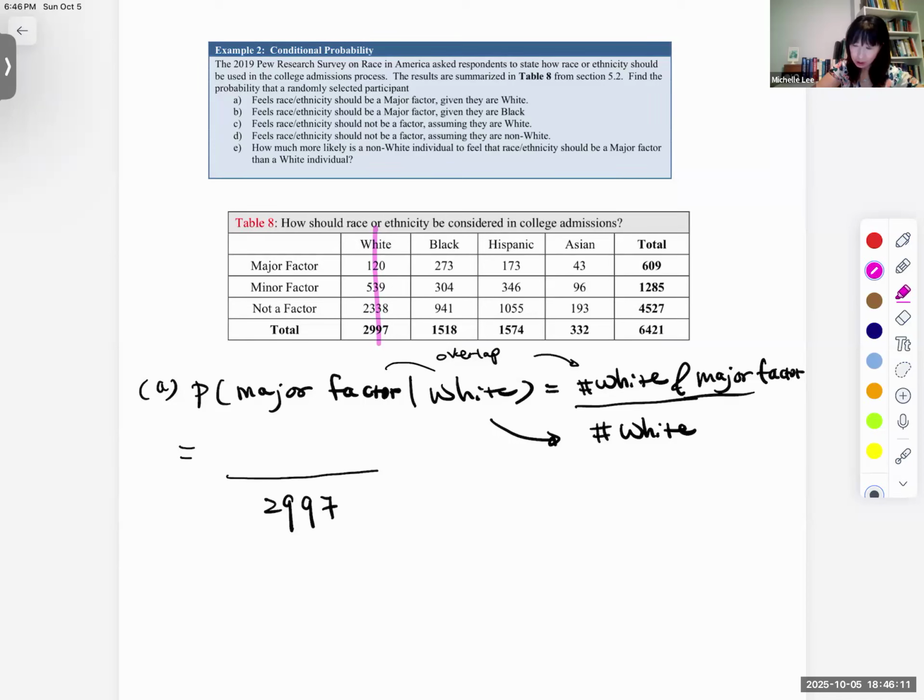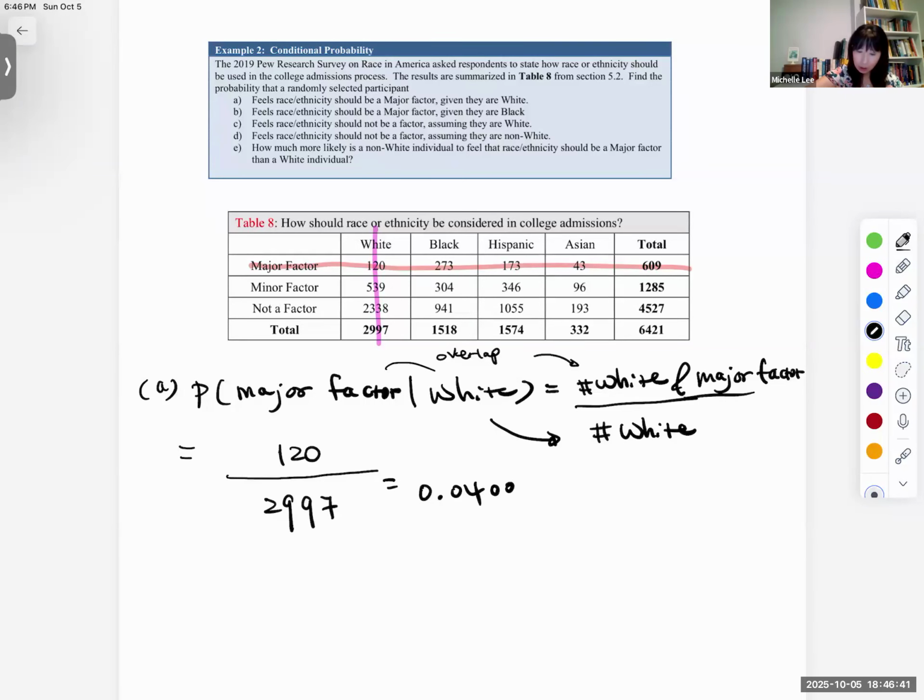So major factor is there. So this column and this row, 120, right? So 120. There is overlap. Now, can you please calculate? 2997, correct, right? So 0.04. 0.0400. Put the 00, that's fine.